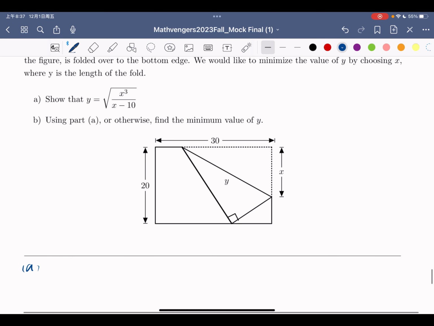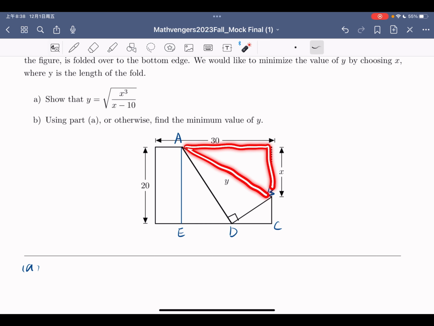Before we do this, let me analyze this question on this graph. If we draw this perpendicular line, and name these points A, B, C, D, and E, you can say this triangle is equivalent to this one, because this one is folded to form this one, so they are equal.